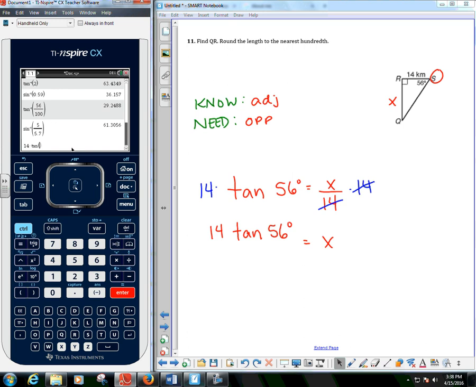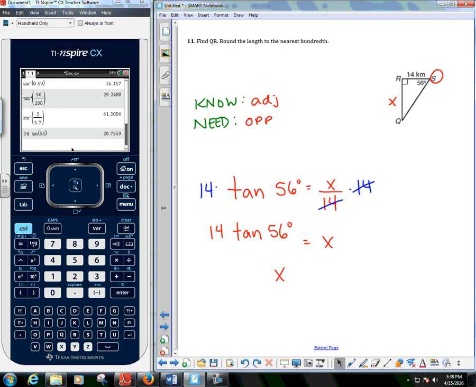Anytime I'm looking for an angle, I'm using cosine inverse, sine inverse, or tangent inverse. We are looking for a side, so we just use straight tangent. So tangent of 56 degrees, and I hit enter, and it says round to the nearest hundredth. So x is approximately 20.76. So QR is approximately 20.76 kilometers.